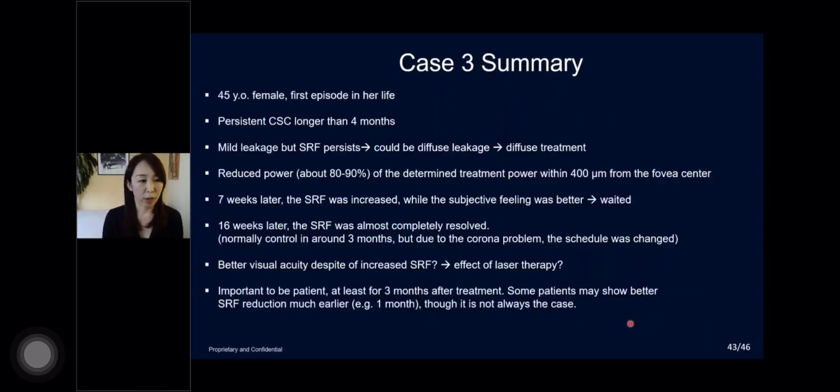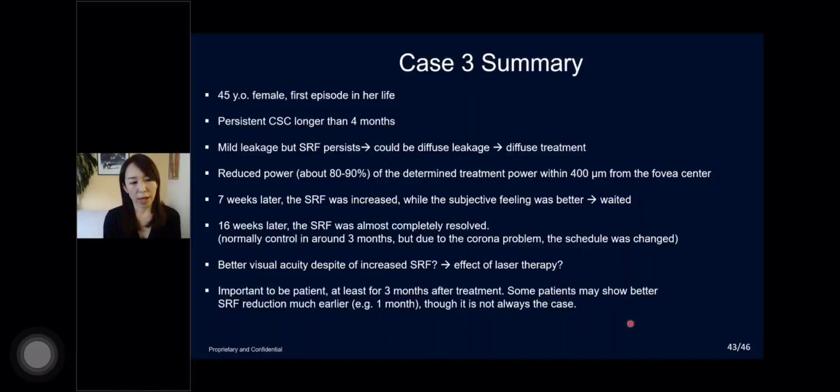So this is the case 3 summary. This is a female, 45 years old, first episode in her life. But it was already persistent CSC, longer than 4 months, and very mild leakage, meaning it's not so active. Maybe this was diffuse leakage. Therefore, from the first time, diffuse treatment was taken.